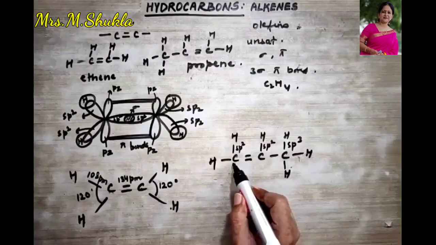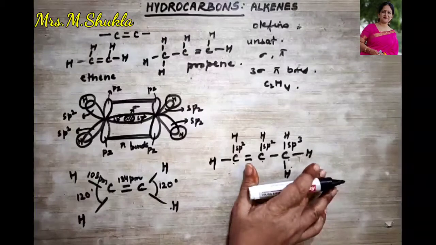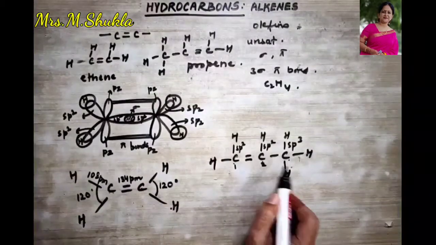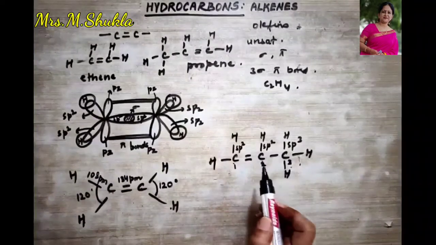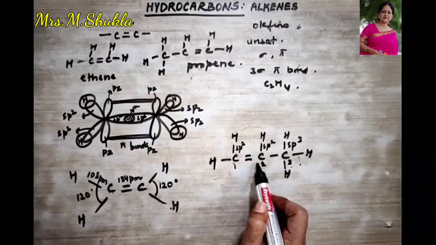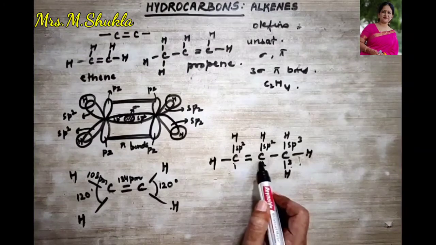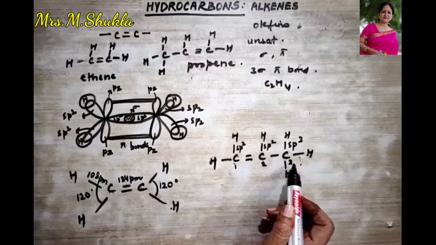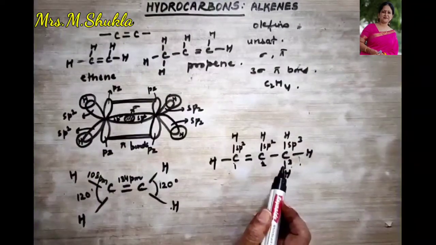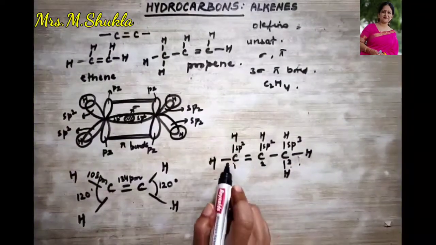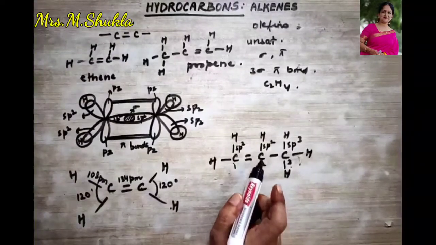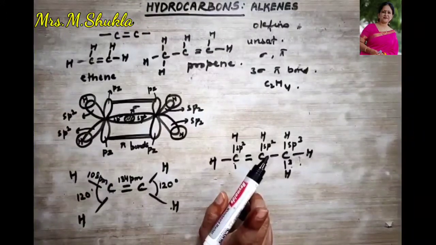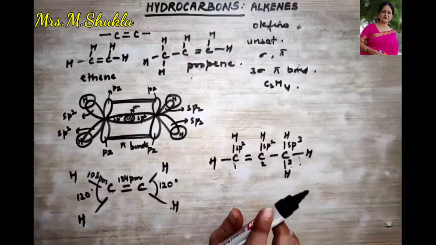Right? And how many carbon atoms? 1, 2, and 3. So what did we see over here? Carbon 1, carbon 2, carbon 3. Carbon 1 and carbon 2 are sp2 hybridized. Carbon 3 is sp3 hybridized. And the sigma bond will be formed between carbon 1 and carbon 2, right? When the sp2 hybridized orbitals of these carbon atoms overlap.